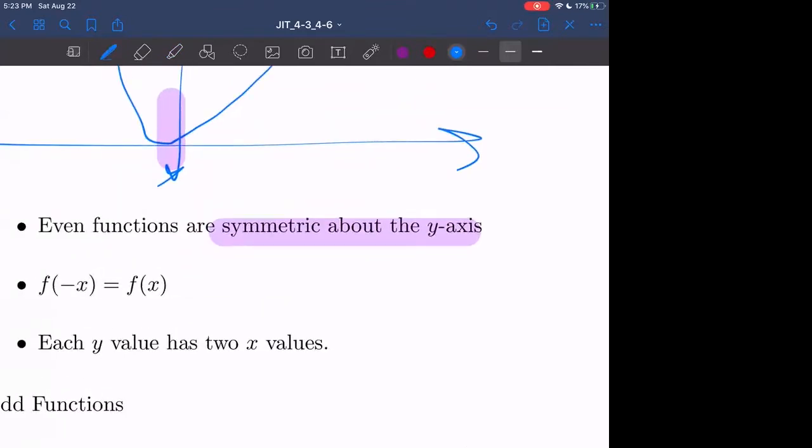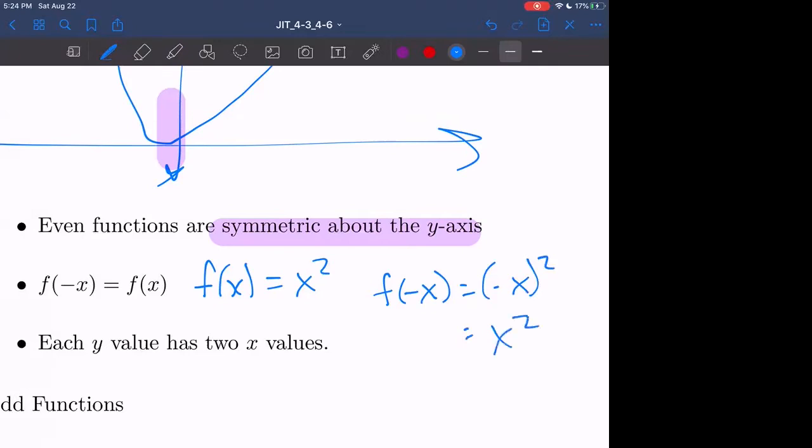If I can plug in negative x and get back my original function, then it's an even function. So if we try it with x squared, I plug in negative x, which gives negative x squared, and that's going to give me back x squared, because negative 1 squared is 1.